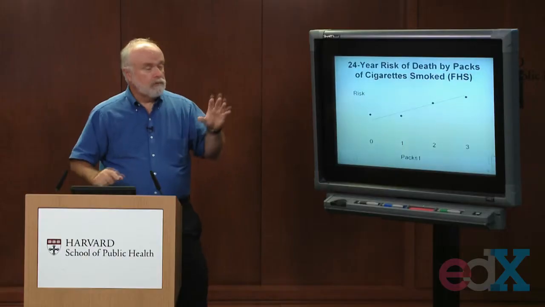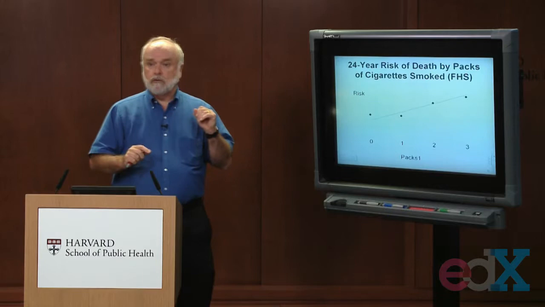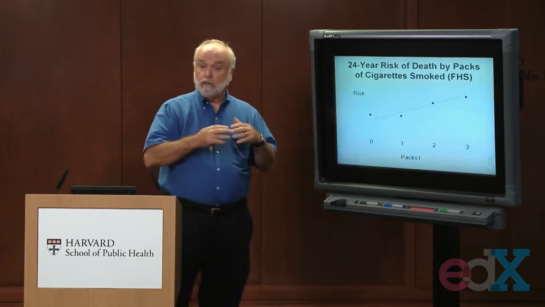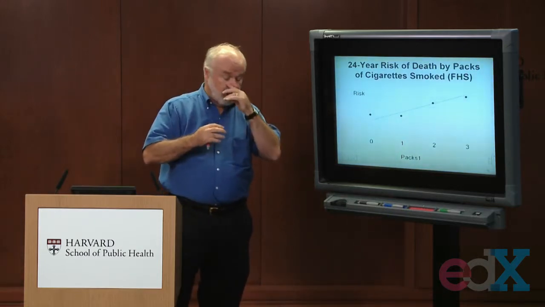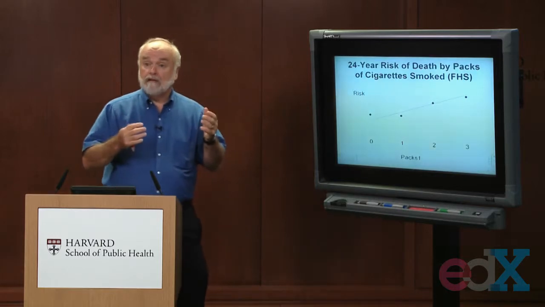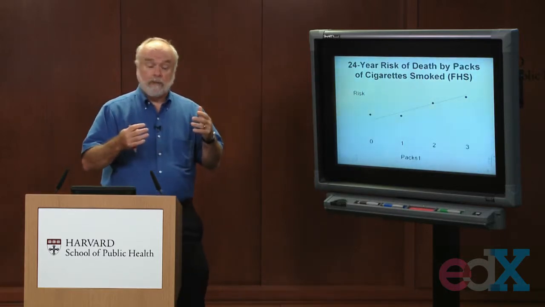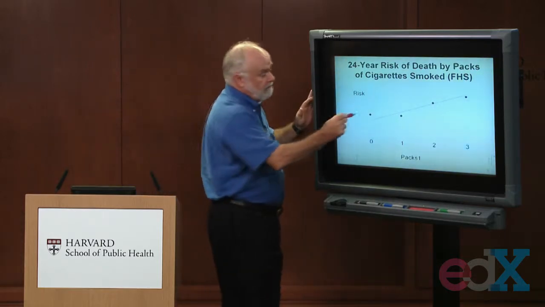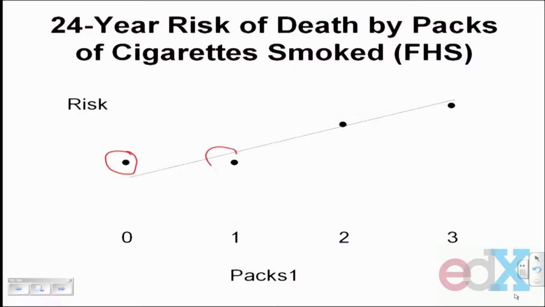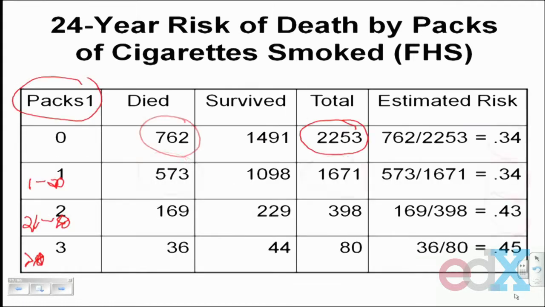Well, one way of doing that is by a picture. What we could do is graph the relationship between your risk of dying during the 24 years of follow-up and the amount of smoking you had, measured by the number of packs. So what we have here are 4 points corresponding to the values of the estimated risk from the previous slide. Remember, the estimated risks were 34% for the first 2 categories, then it jumped up to 43, then it jumped up to 45.